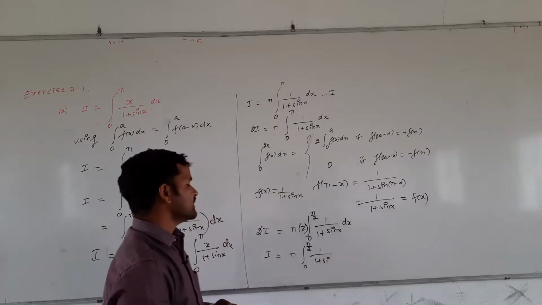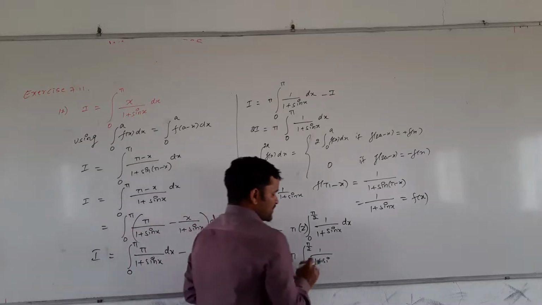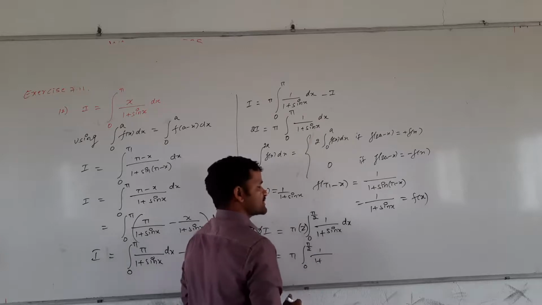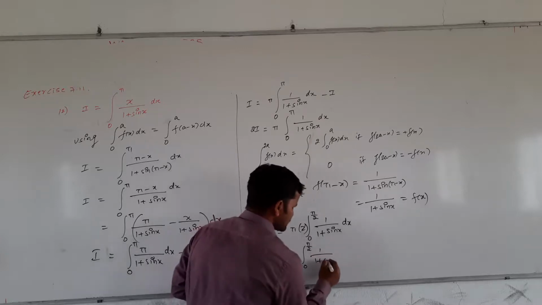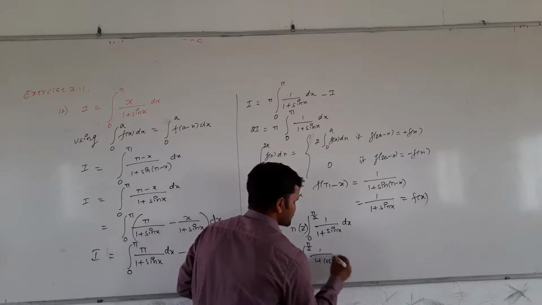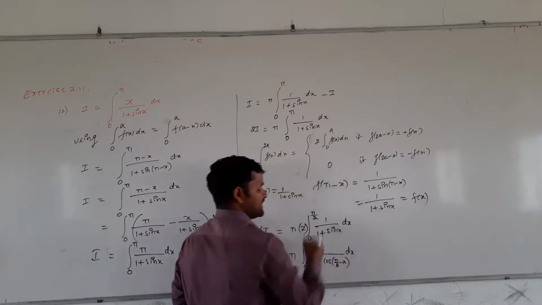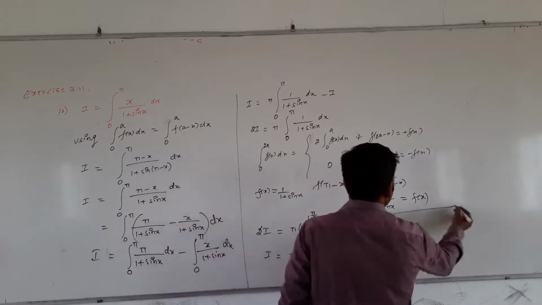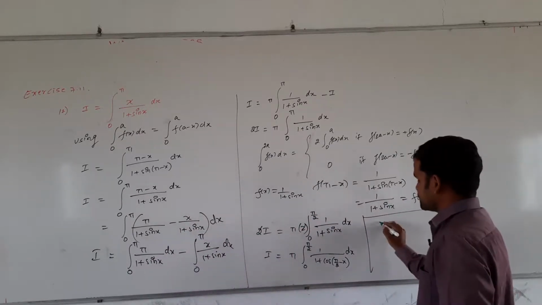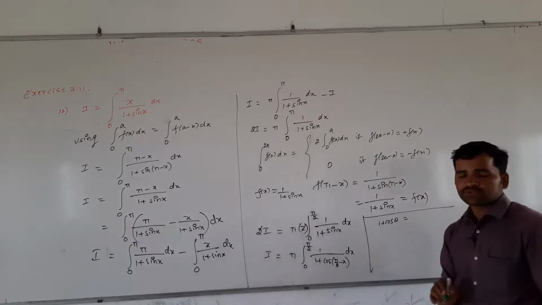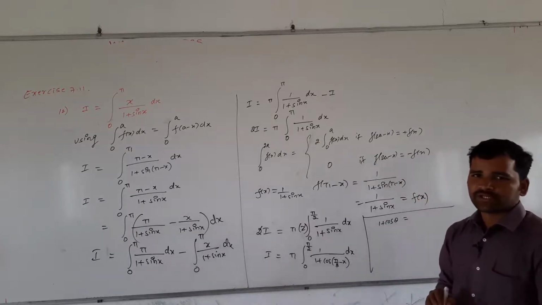Here let me write 1 plus sin x. This sin x I will take in terms of cos. Sin x can be written as cos of pi by 2 minus x into dx. Here using the property 1 plus cos 2 theta equal to, we know the formula, 2 times cos square theta.